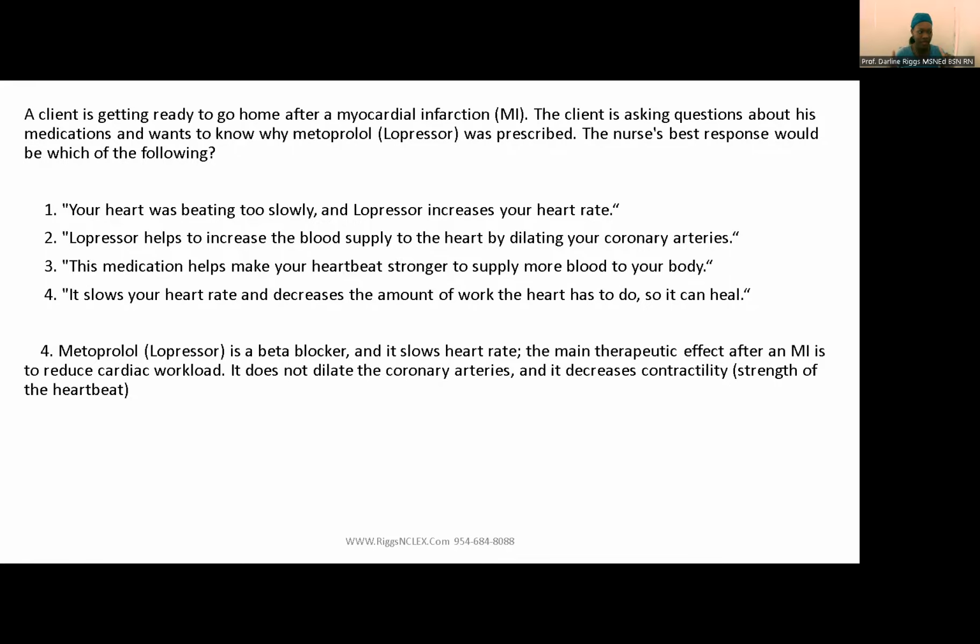So let me take a pause right there and remind you, after you take these exams that I have under each client needs category, you must remediate them. At the end, it asks you if you want to review your test. The answer is yes. Go over your answer and the correct answer and why that's the answer. That is what we mean by remediation.